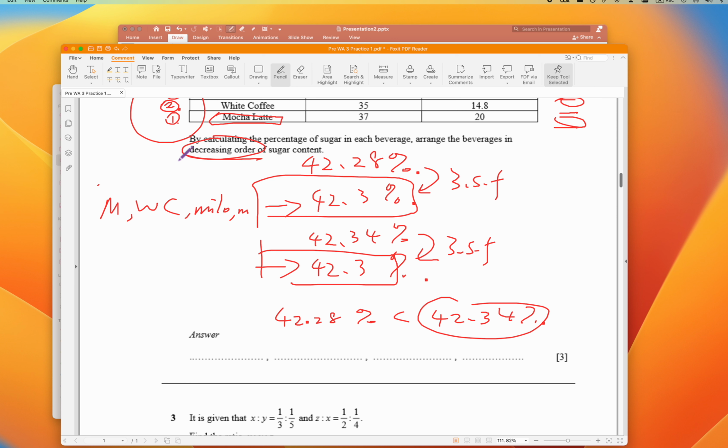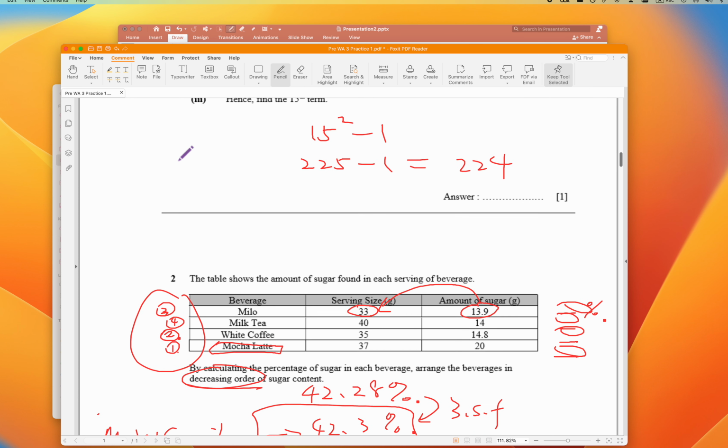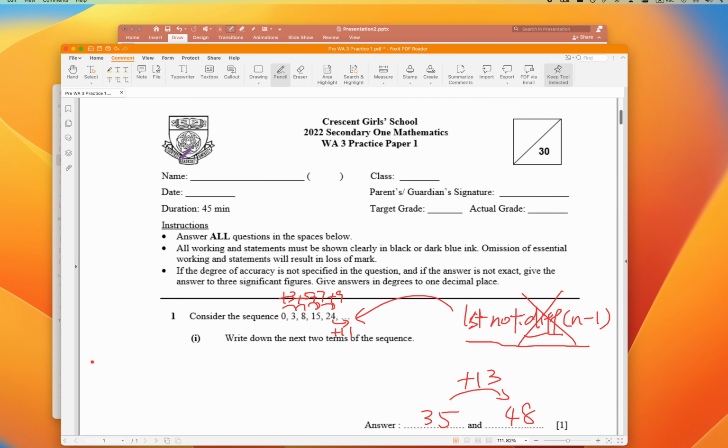And by the way, you cannot afford to lose 3 marks. 3 marks, total is 30, right? Total is 30. If you lose 3 marks, how many percent do you lose?